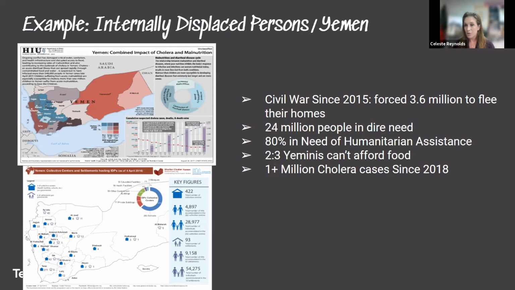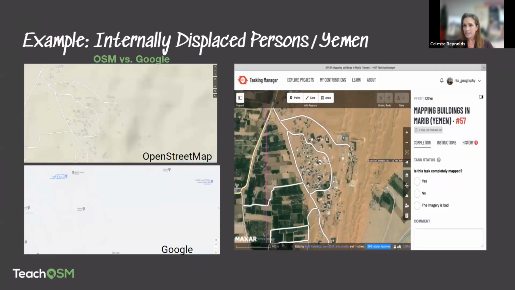It puts a strain on resources like food, healthcare, and clean water, and that creates an environment that can lead to outbreaks of different kinds of diseases, and it makes these people very vulnerable. And so you can go in, and this shows where people have migrated to this new area, in real time.